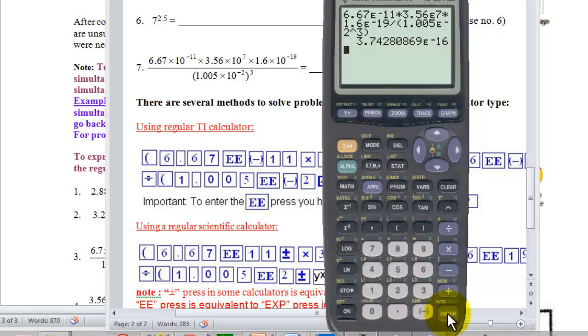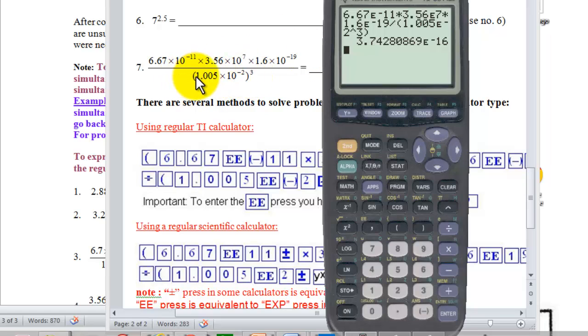If you find one operation to be too long, you can do it in two steps. In the first step, you'll evaluate the numerator. Basically, you multiply 6.67 times 10 to the negative 11 times the 3.56 times 10 to the power 7 times 1.6 times 10 to the negative 19, and you'll write the answer so that you don't forget. Then after that, do the operation in the denominator.